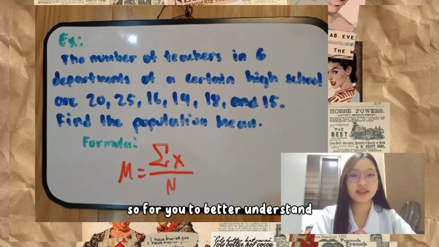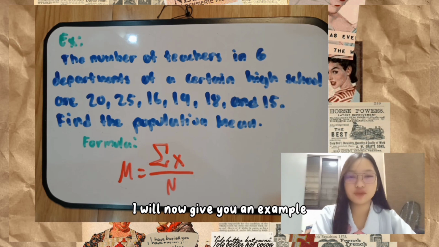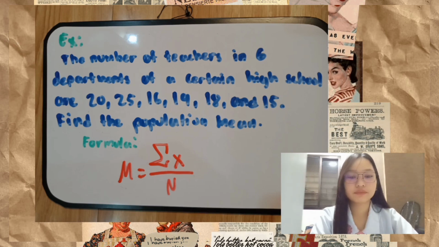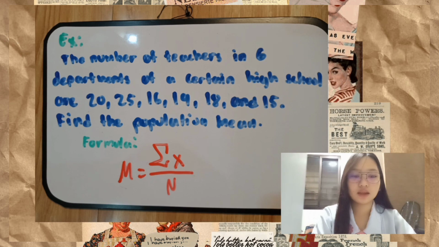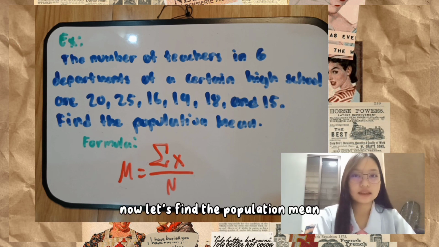So for you to better understand, I will now give you an example. The number of teachers in 6 departments of a certain high school are 20, 25, 16, 14, 18, and 15. Now, let's find the population mean.